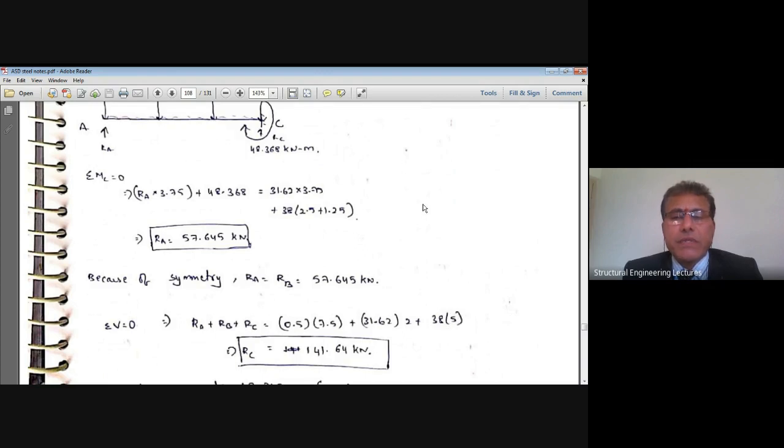Five forces are acting in the downward direction on this continuous beam ABC.